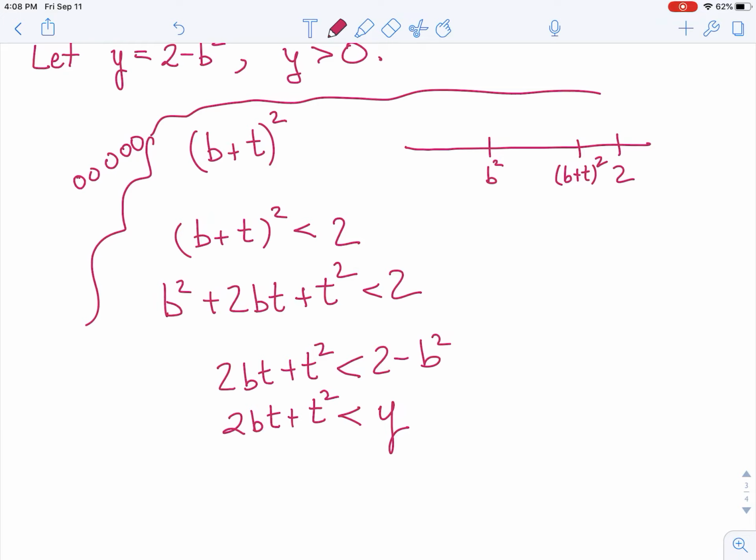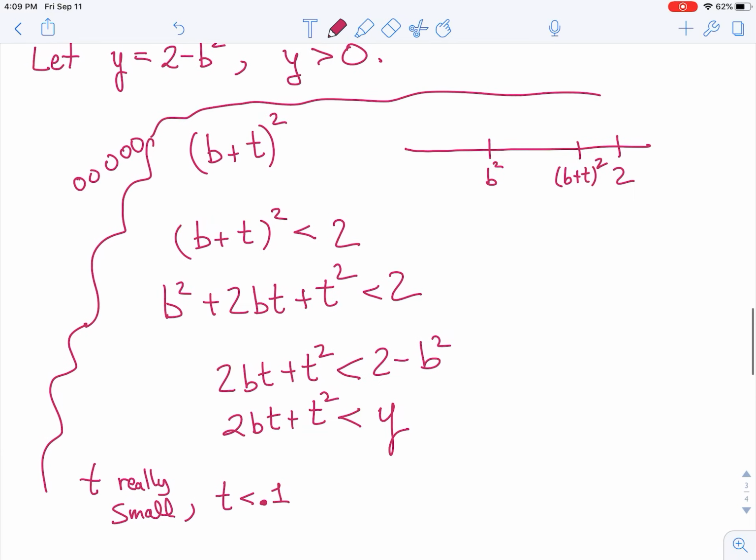Well, what am I going to do with t? I could try and solve for t. That's going to be a mess and a half, because this is like a quadratic, so I'd have to use the quadratic formula. I really don't want to do that. I just want to show that there's some number t that works. I just want to find one t that works. I'm imagining t is really, really small. So let's assume that t is less than 0.1. It can be as small as I want.